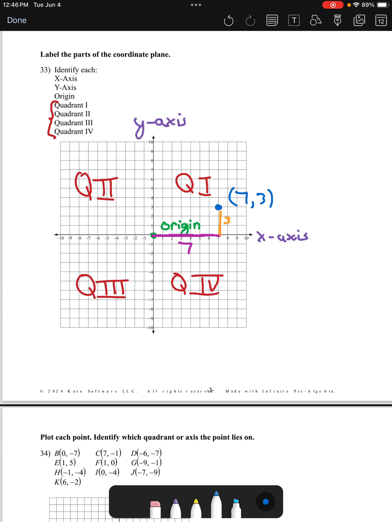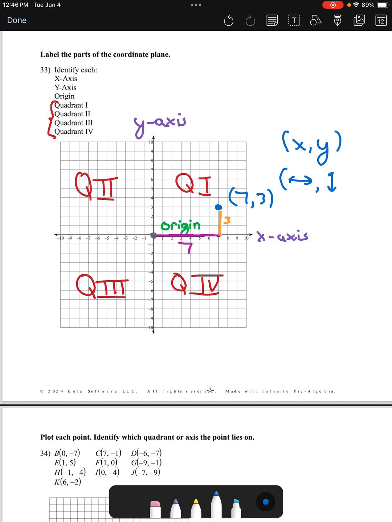Ordered pairs are always given in the format x, y. X being how far left or right it is from the origin, and y being how far up or down it is from the origin.